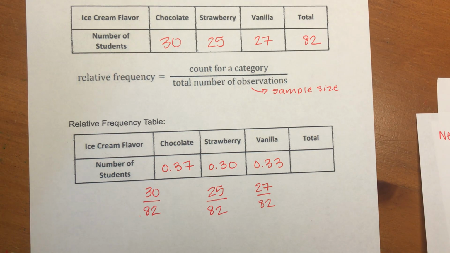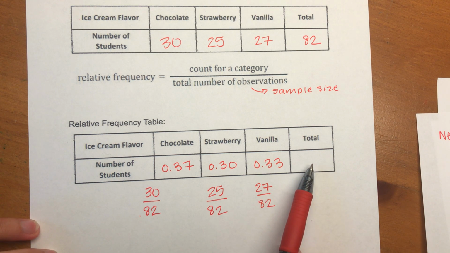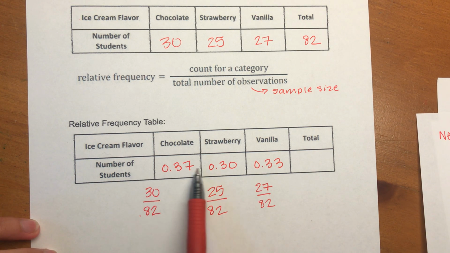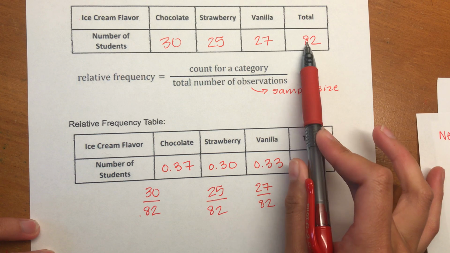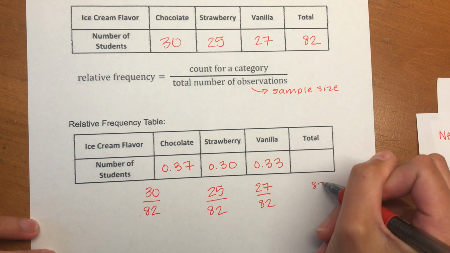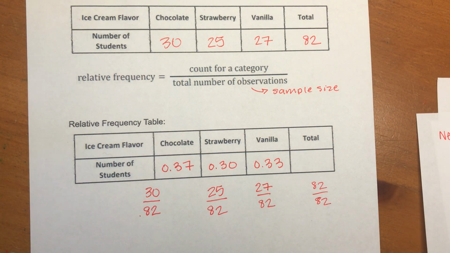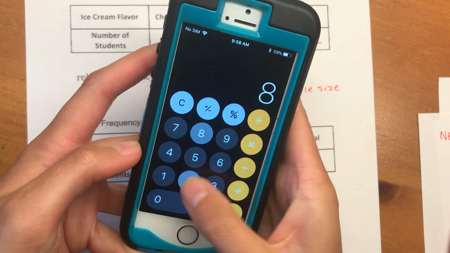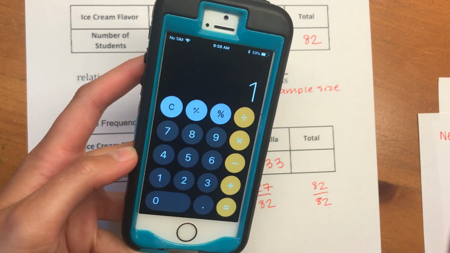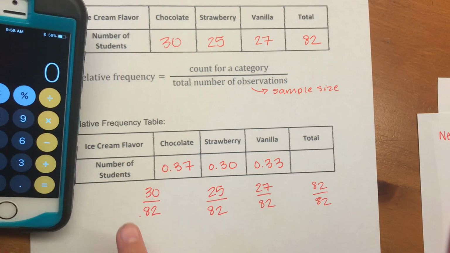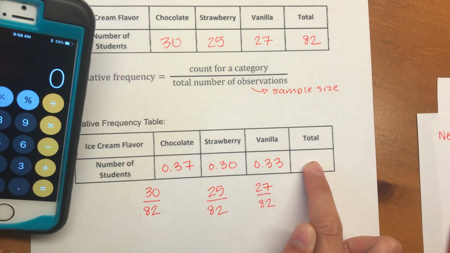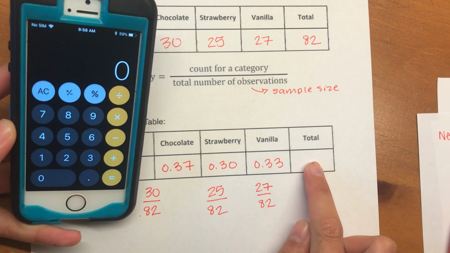Okay, now my total relative frequency can be the added number here, but it should also be 82 divided by 82, which is 1, right? 82 divided by 82 is 1, but I should still get 1 if I add up all my previous relative frequencies, okay?